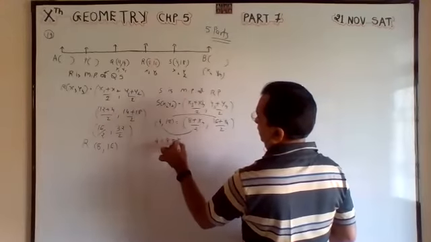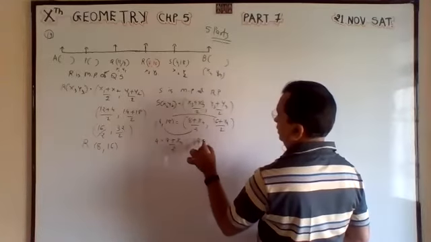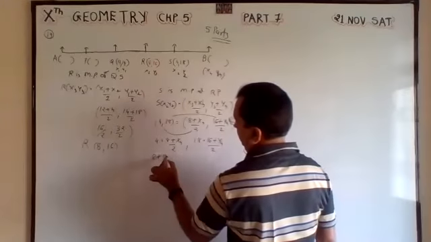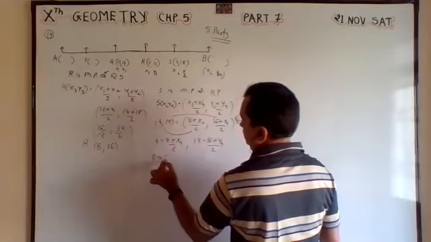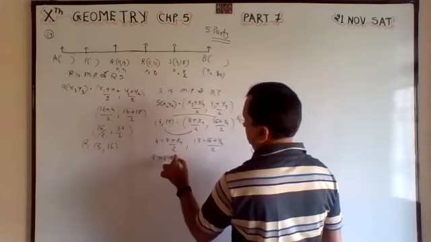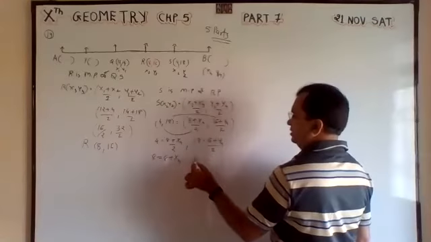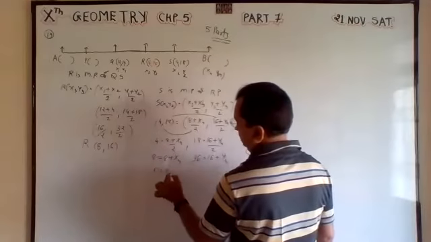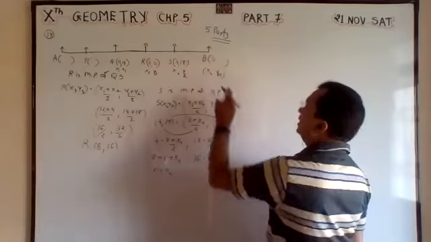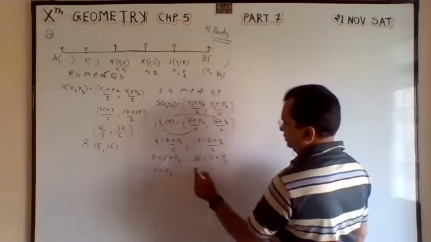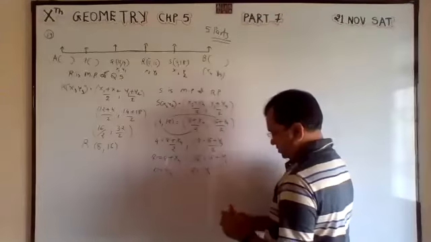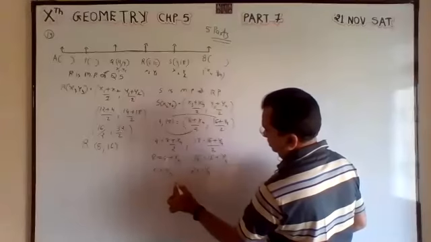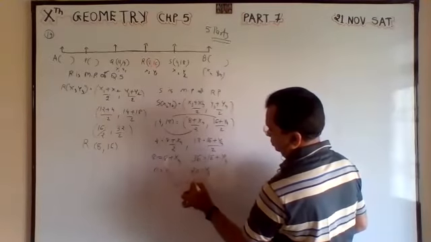So 4, 8 plus x4 by 2, 18, 16 plus y4 by 2, cross multiply. 8 plus x4 is 8, so x4 is 0. 36 is 16 plus y4, so 20. So your point S, sorry B, that is 0, 20.